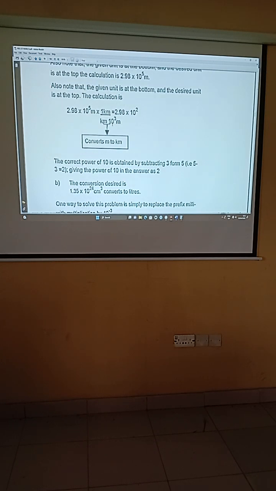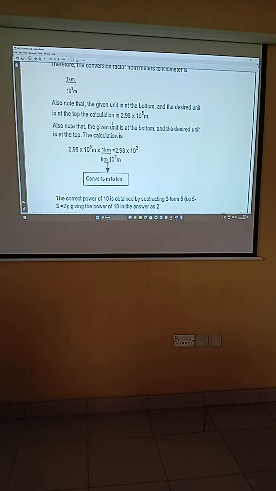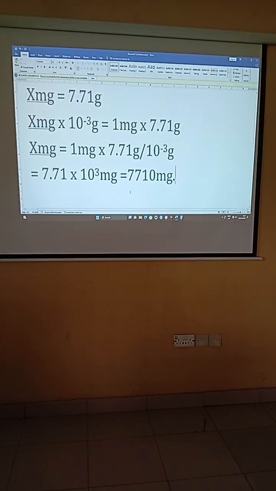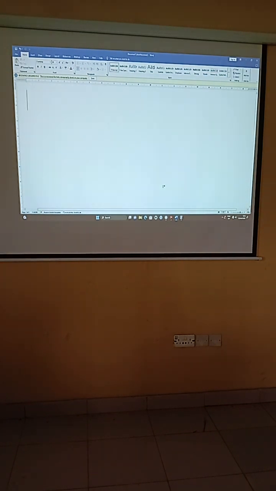I'm going to show how this whole calculation was done on the next screen so that you understand it properly. So 2.98 by 10 to the power 5. We are converting this to kilometers.